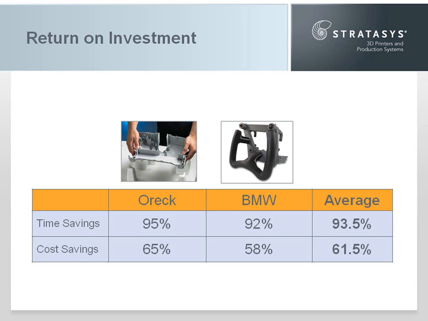But we also don't want to forget about the big values, the direct financial values and the direct reduction in lead time values. You can see from this chart that both Oreck and BMW have had some huge savings in time and cost, in addition to the better design tools that they've been able to produce.